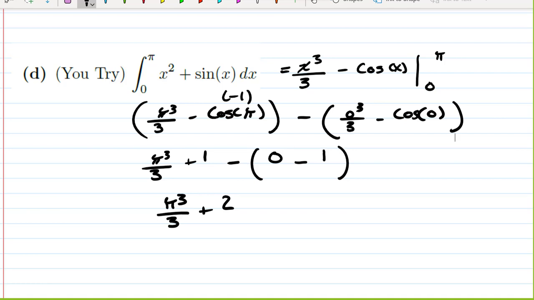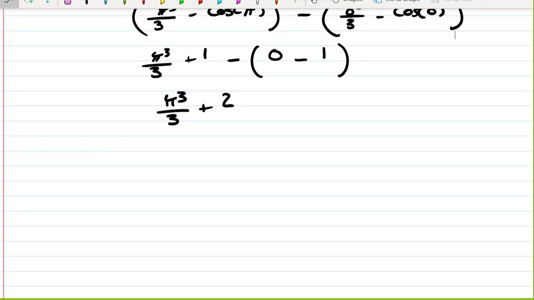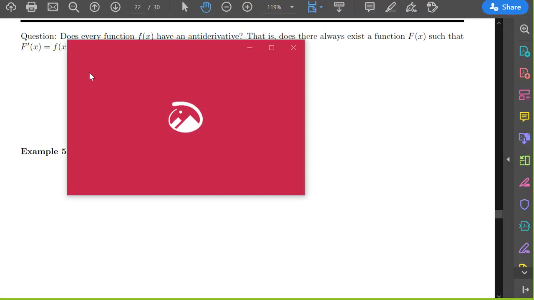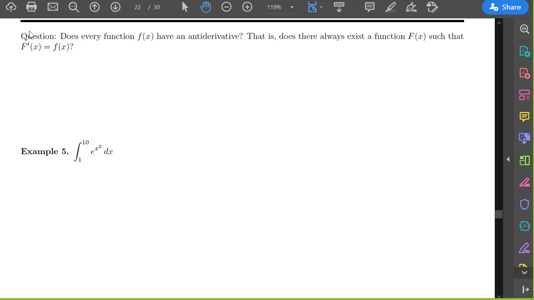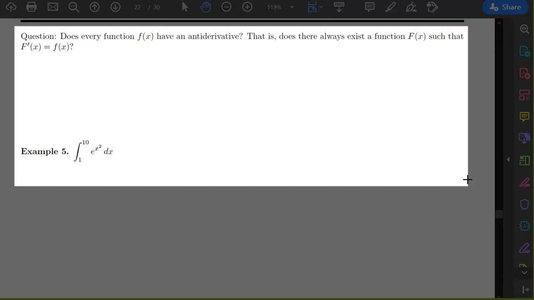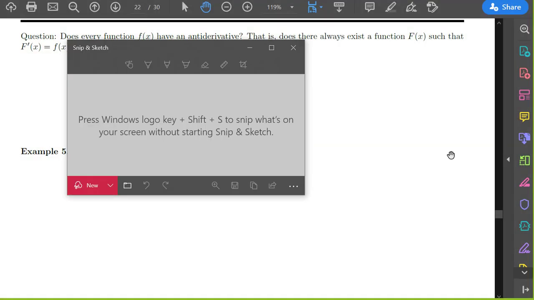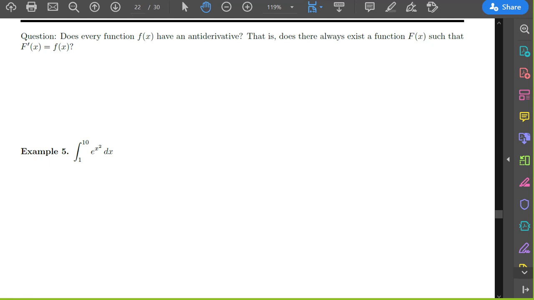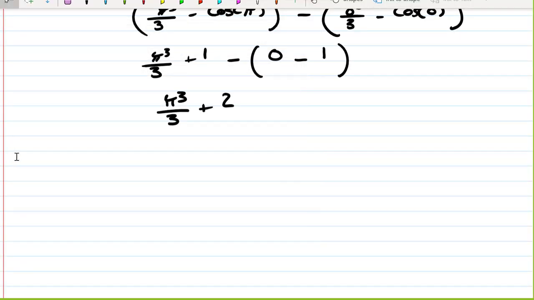All right, so now we've got to ask ourselves a couple of technical questions. The first question we need to ask ourselves is, does every function have an antiderivative?